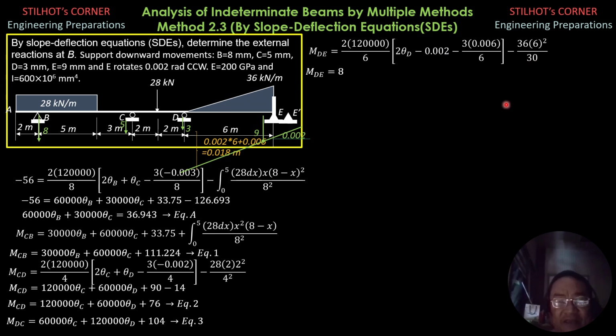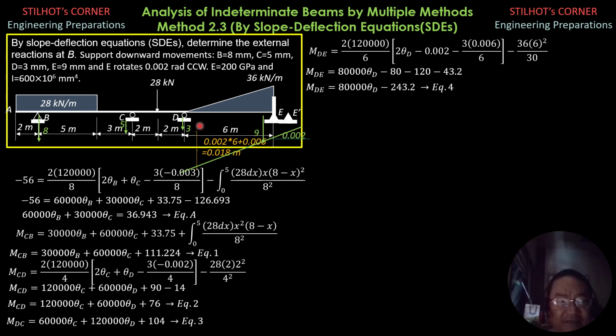And that would be MDE, 80,000 theta D, minus 80, when we distribute minus 120, then minus 43.2. So MDE is 80,000 theta D minus 243.2. Call that equation 4.